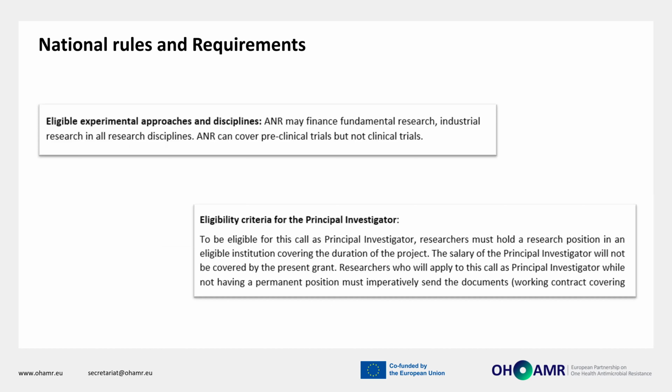It is particularly important to carefully review the eligibility of experimental approaches and disciplines, especially when it comes to preclinical and clinical trials. Principal investigators must also meet several eligibility criteria that can be specified in the national annexes.